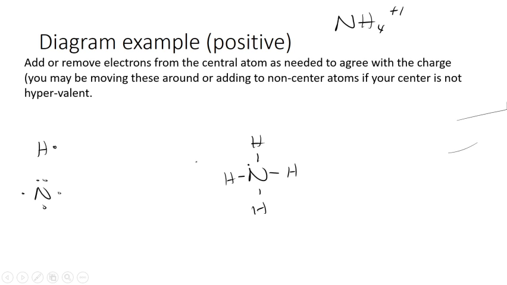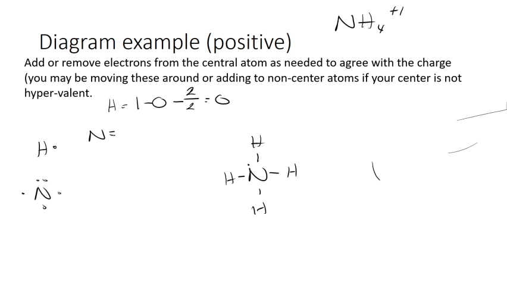Now we're going to add or remove electrons from the central or other atoms as needed to agree with the charge. If we look at formal charges right now to figure out what we're going to need: for hydrogen, it has 1 valence electron, no lone pair electrons, and in a bond there are 2 electrons, so 2 divided by 2 is 1. So the formal charge equals 0.